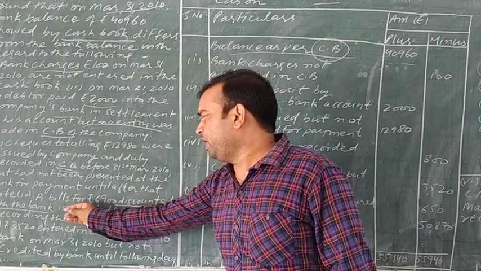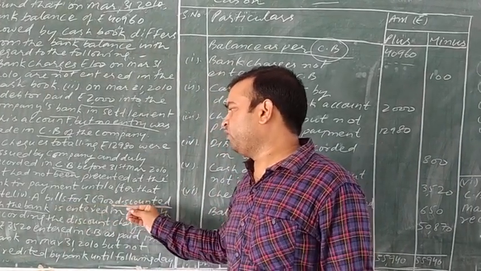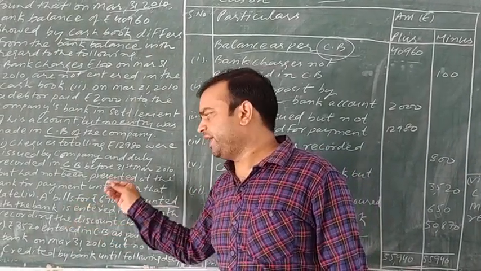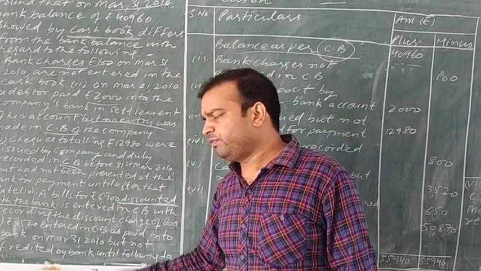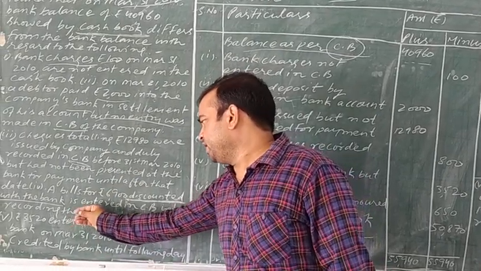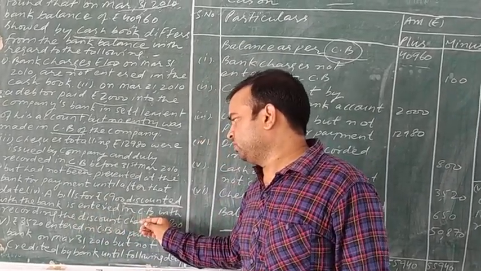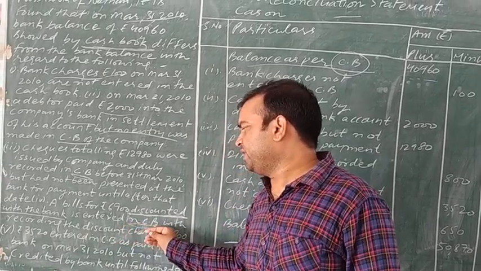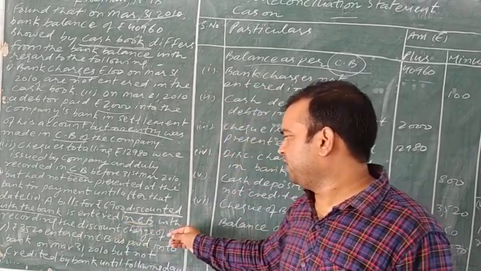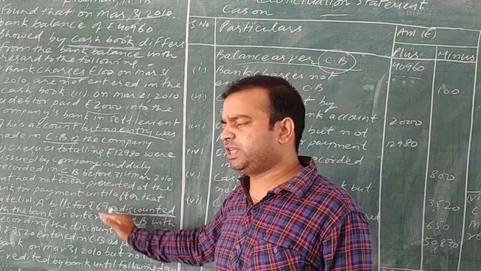So here a bill for 6,900 was discounted, means was encashed with the bank before the due date, and is entered in the cash book. Right? This entry is made in the cash book, means we have subtracted the amount in the cash book.